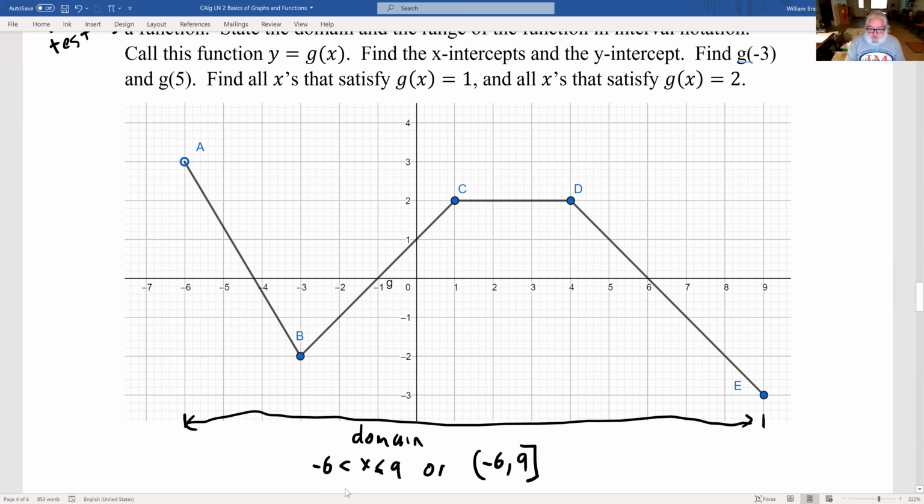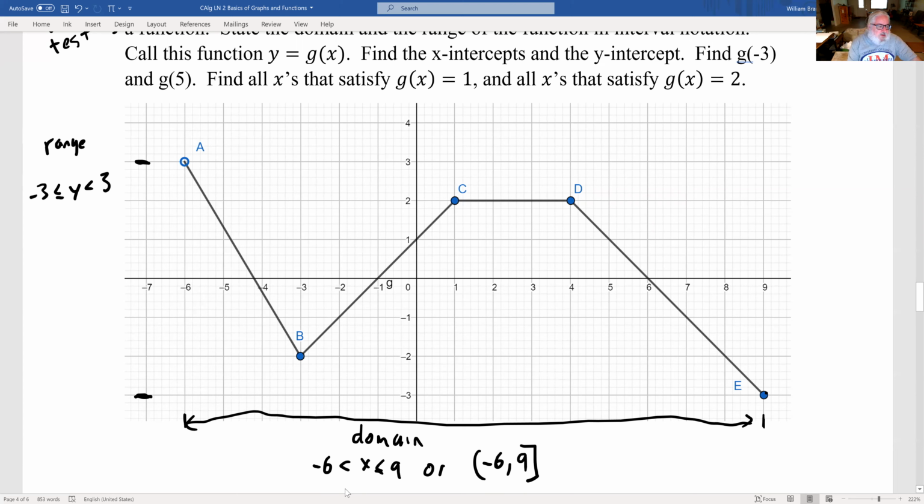The range is from the bottom to the top. So the bottom of the graph is at y equals -3. That's here. And the top of the graph is up here. So we don't include that point. So the range is -3 less than or equal to y less than 3, because we don't include that 3, but 2.99 something, something, something.